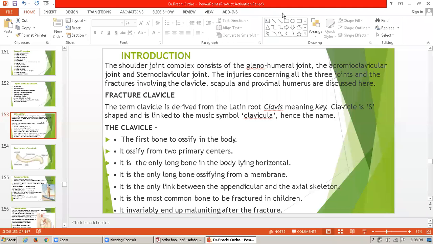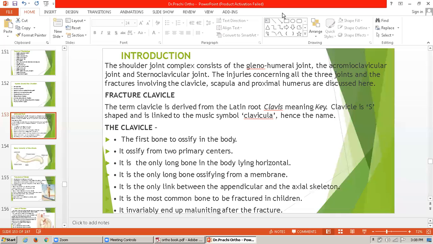That is, in the shoulder joint, there is the acromion, glenoid cavity, head of the humerus, and the sternum with clavicle involved. Injuries concerning all three joints and fractures involving the clavicle, scapula, and proximal humerus are discussed here.